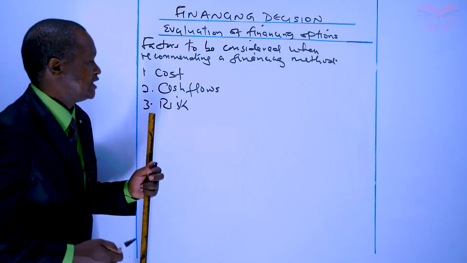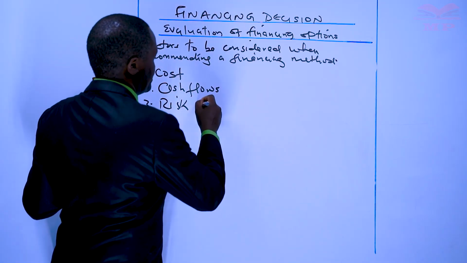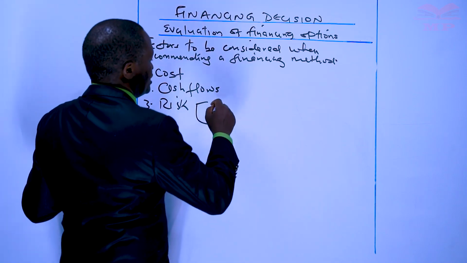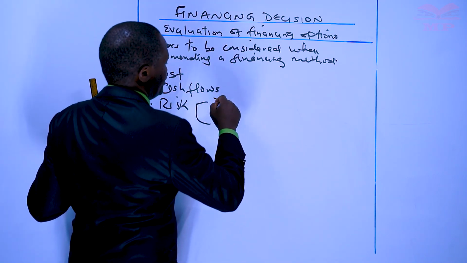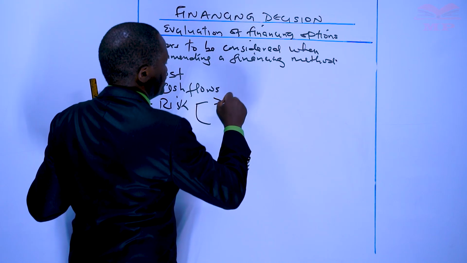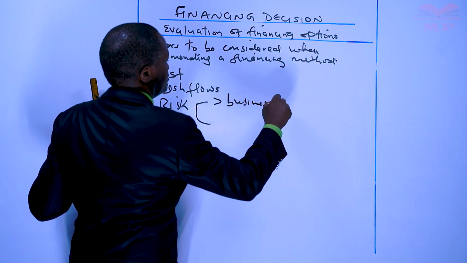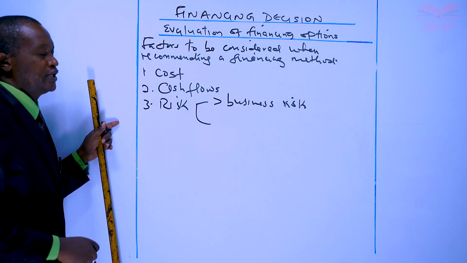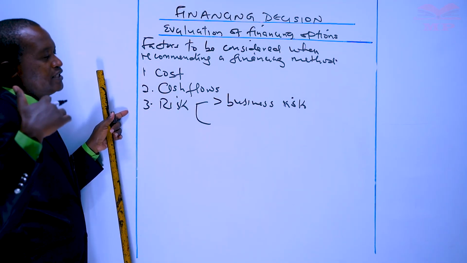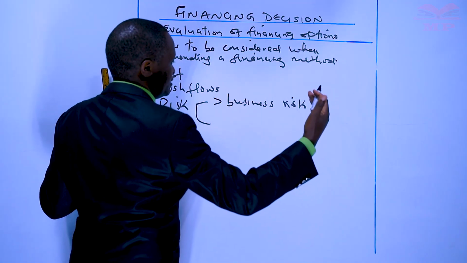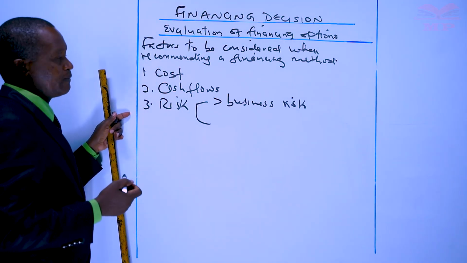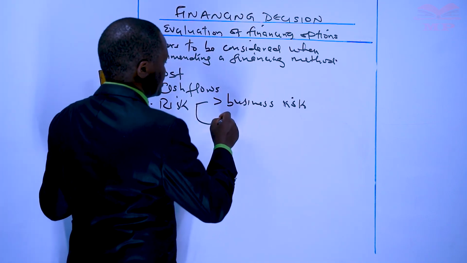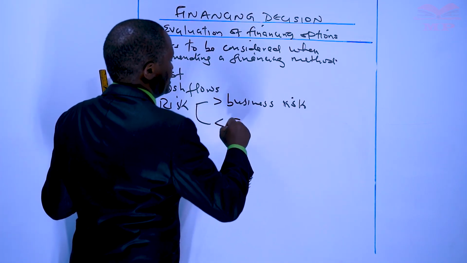If a company is considering investing in risky projects, that could increase what we call the business risk. All right. Now, if business risk is likely to increase, then the company should ensure that it lowers its financial risk.